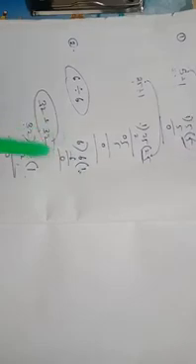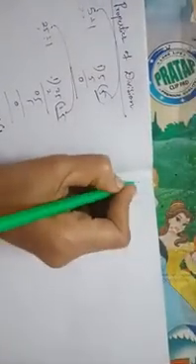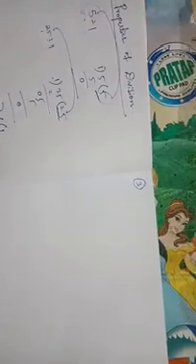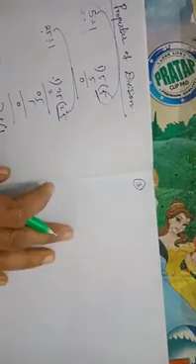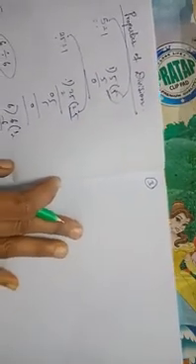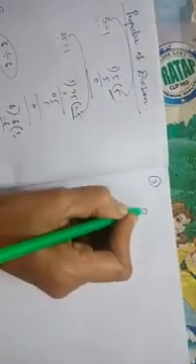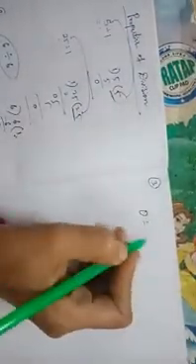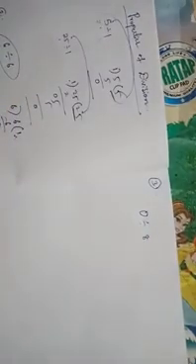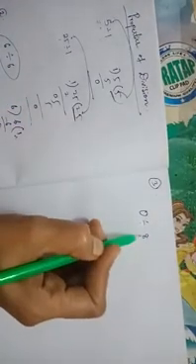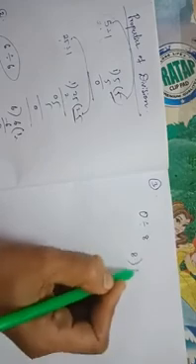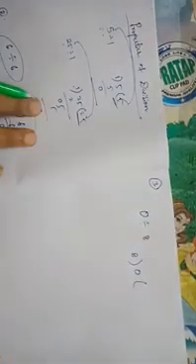Okay, children? Next, let us see the third property of division. If 0 is divided by any number, let us see with an example. If 0 is divided by any number, then what is the answer? Here this 8 is what? Divisor. And the dividend is 0.